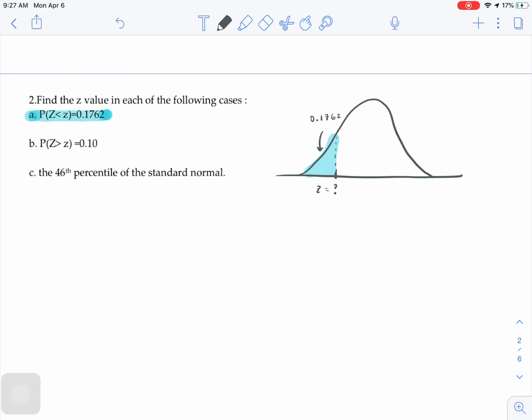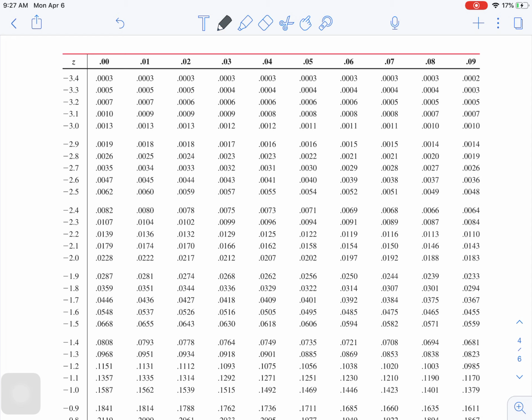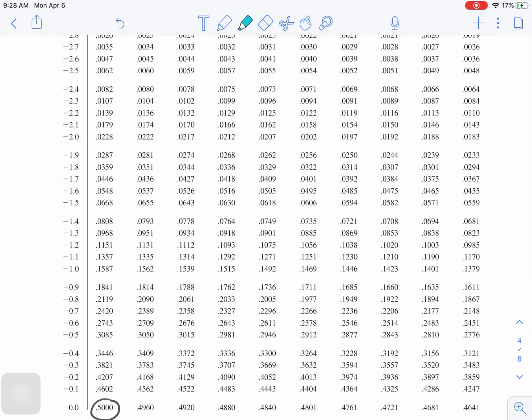Well, I know that the table gives me areas to the left, so if I look for the area of 0.1762, I should be able to just read off a z-value. So I'm going to go to my z-table. Now, instead of looking at the z-values, I want to look at the areas, so the probabilities here. So I want to find area to the left of 0.1762.